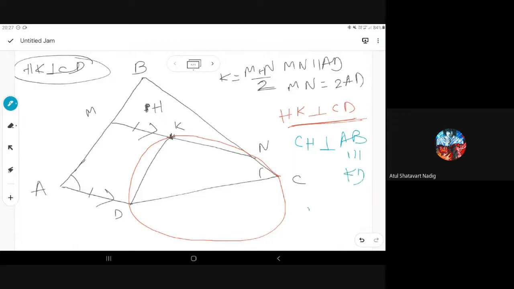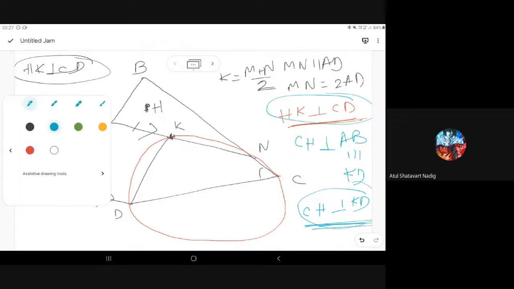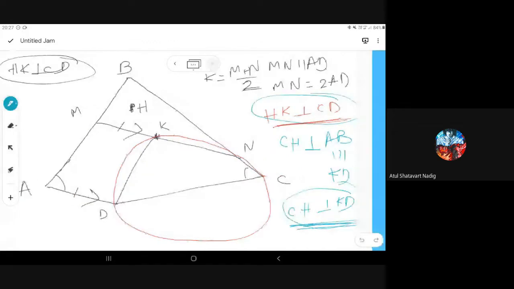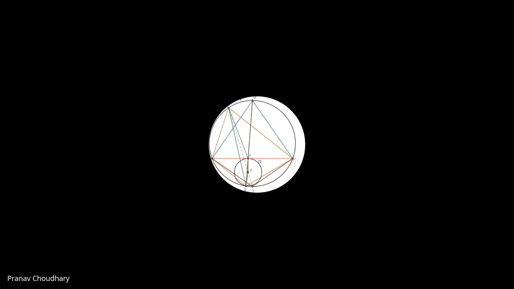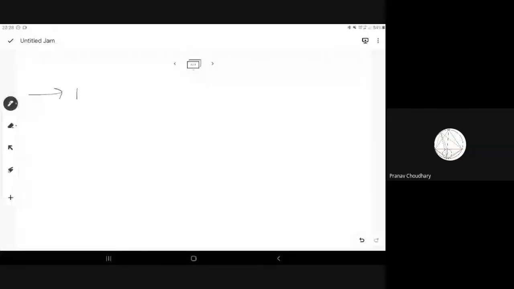In other words, CH would be perpendicular to KD. What would these two statements mean? H is the orthocenter of KDC also. Yeah, exactly. So these two statements would mean that H is the orthocenter of CDK as well.